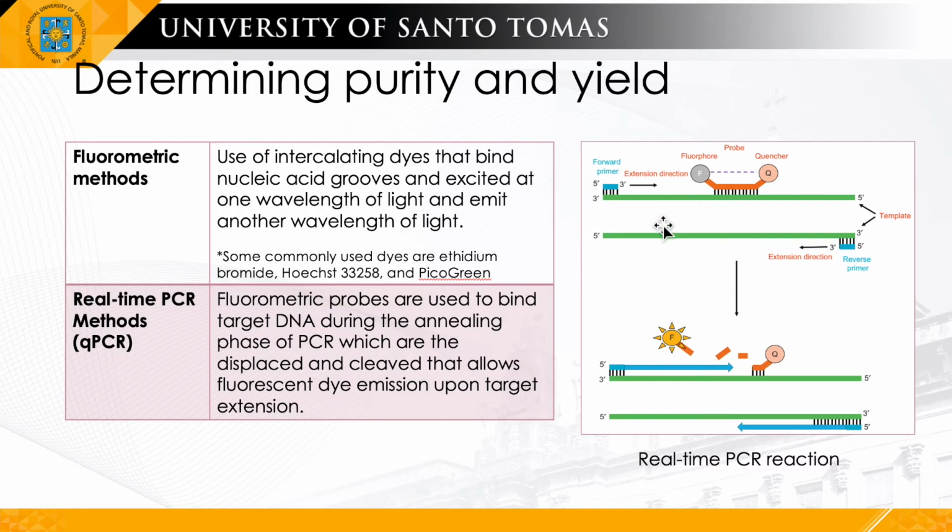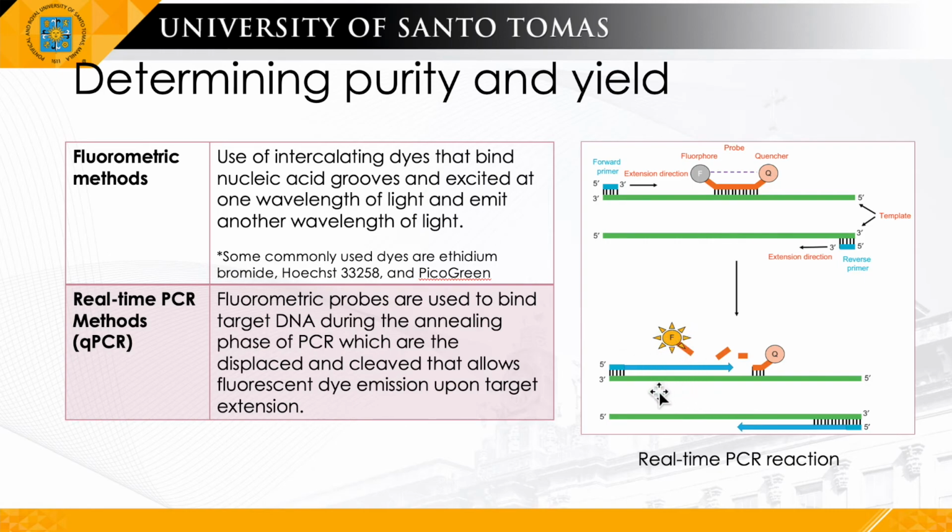In a real-time PCR reaction, forward and reverse primers anneal to denatured DNA templates along with the reporter probe, composed of a fluorophore and a quencher. This probe will eventually be acted upon by the DNA polymerase's nuclease activity, which cleaves the probe and frees the fluorophore. And this fluorophore will allow fluorescent detection of DNA amplification.